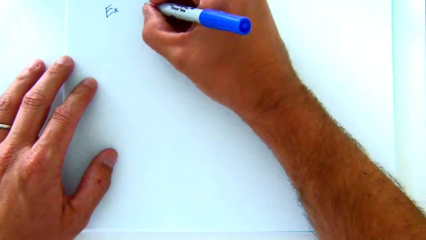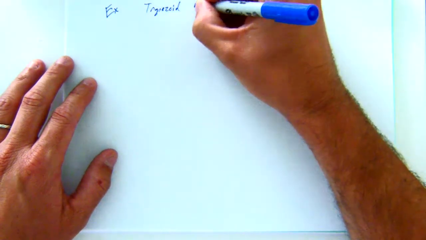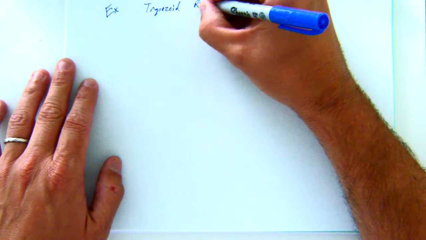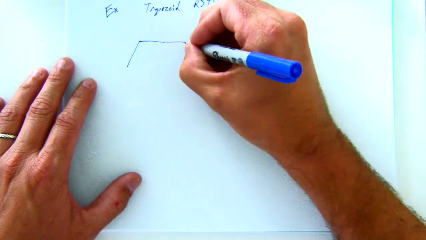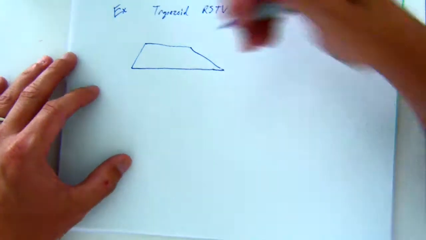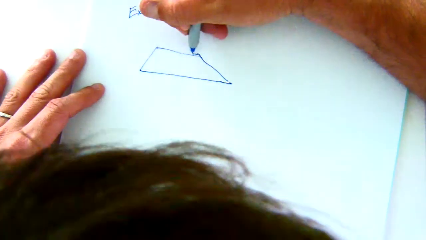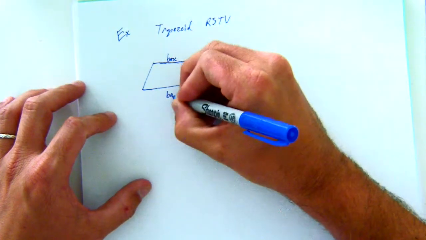Suppose we're given trapezoid R, S, T, and V. Doesn't have to be an isosceles trapezoid. Let me just be clear that this is a base. This is a base.